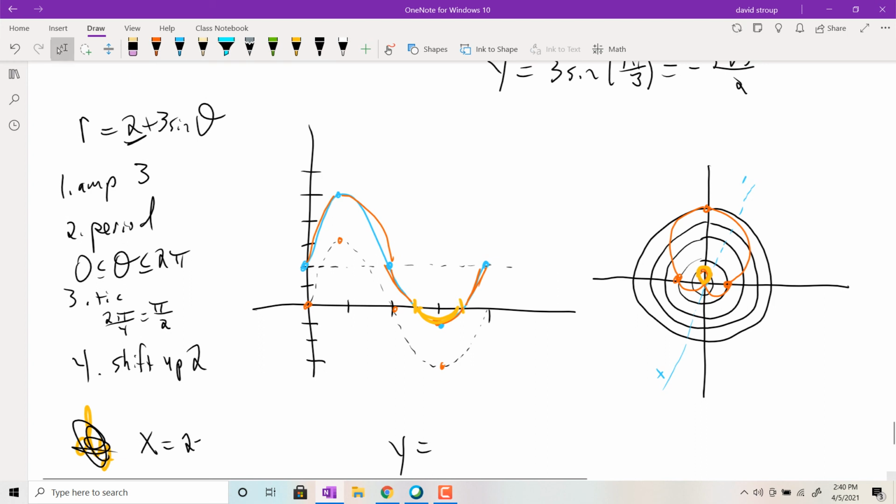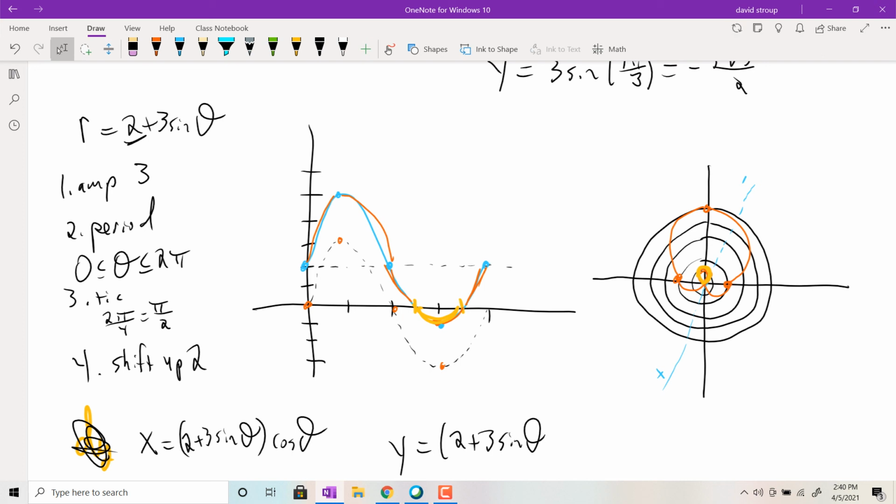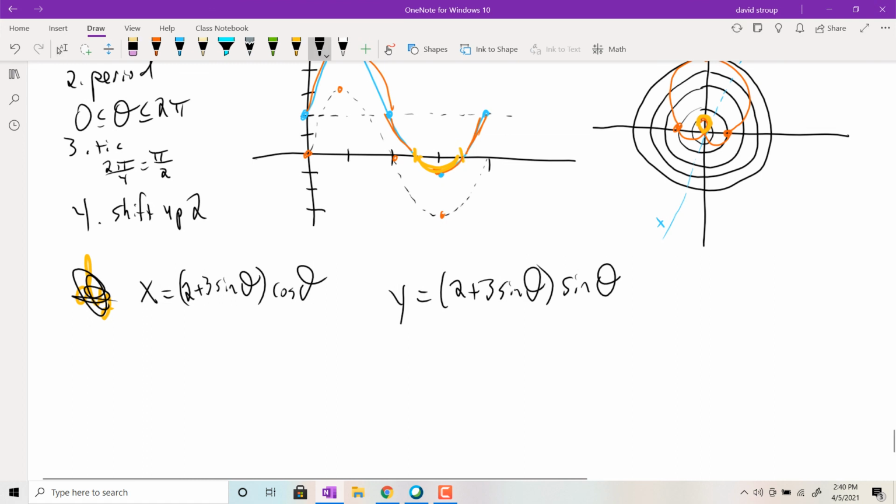So this would be 2 plus 3 sine theta times cosine theta. And then the y expression is r sine theta. So 2 plus 3 sine theta times sine theta. Okay. So I distribute. So I got x is 2 cosine theta plus 3 sine theta cosine theta.